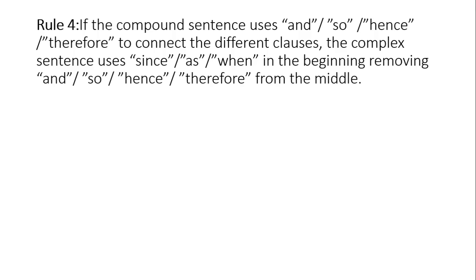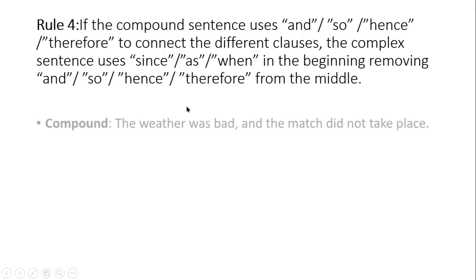So if we have and, so, hence, therefore, this type of conjunction in our compound sentence, then we have to use what? Since, as, when at the beginning, removing this type of conjunctions. Okay, so here you see the example.